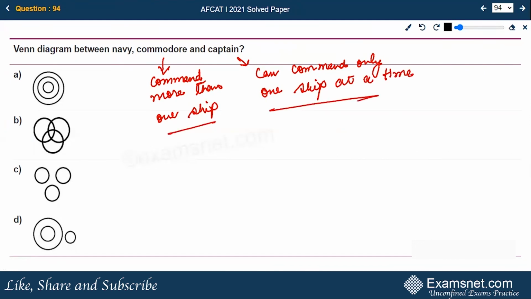And both of them come under Navy, right? So according to this, what can be the correct one? Option A can represent the correct one. See this outer part, this represents Navy, right? And the inner ones represent Commodore and Captain. So option A is your correct answer.